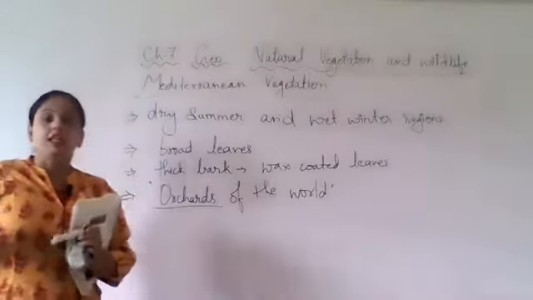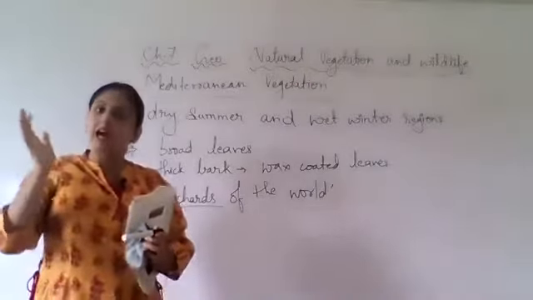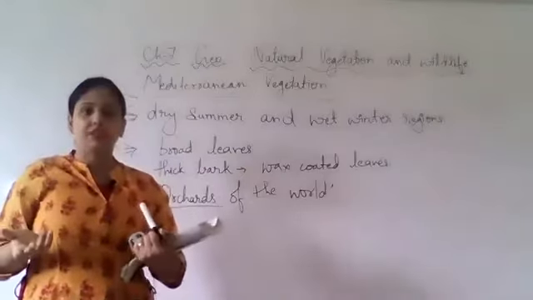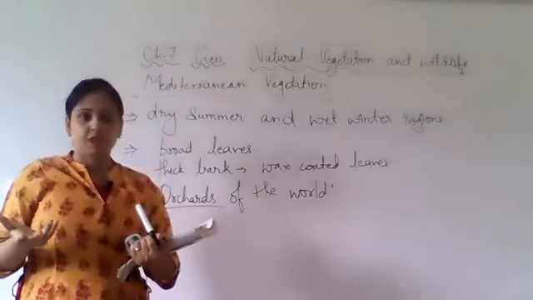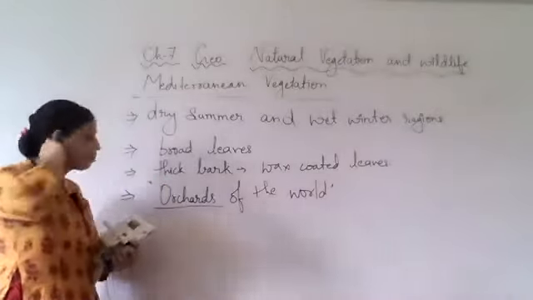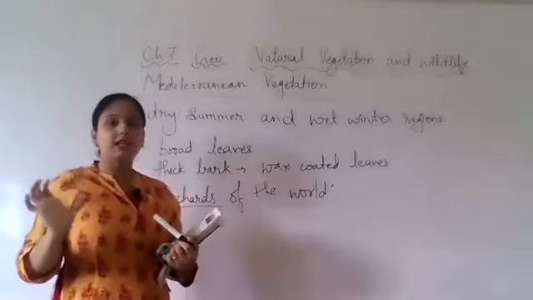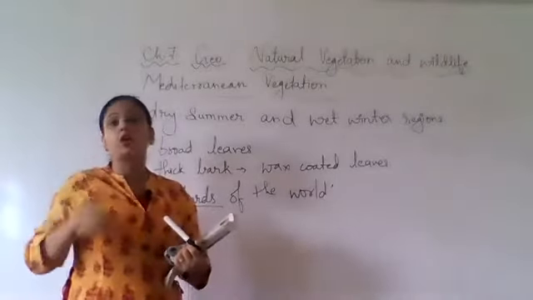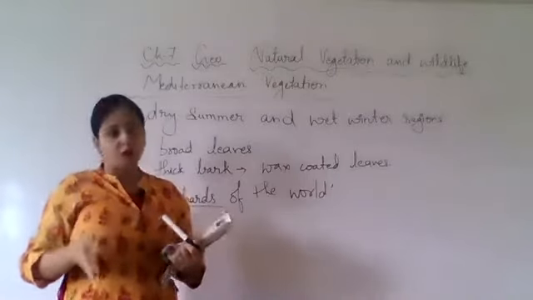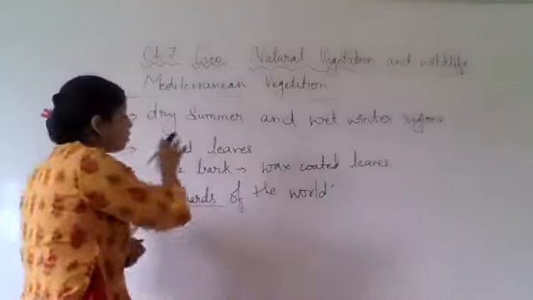Yes, a garden, but that garden should have the fruit trees. Then it will become an orchard. Now, it is called the orchard of the world, so with the name only you can understand that fruits grow better in these forests.